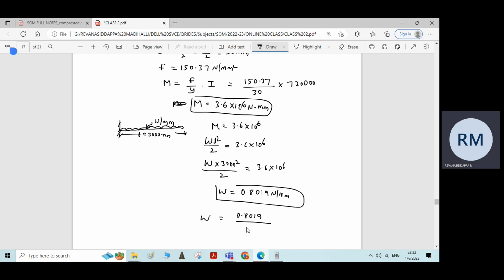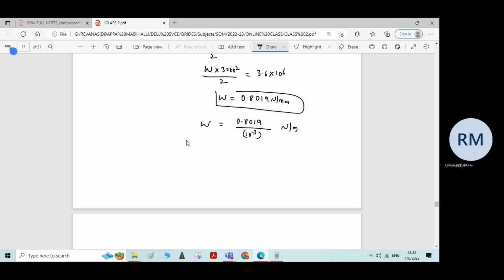So I am converting millimeter into meter. 1 millimeter is equal to 10 power minus 3 meter. So Newton per meter, it will be 0.8019 into 10 power plus 3 Newton per meter. W is equal to 801.9 Newton per meter.